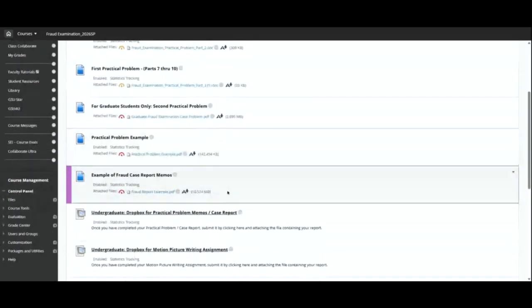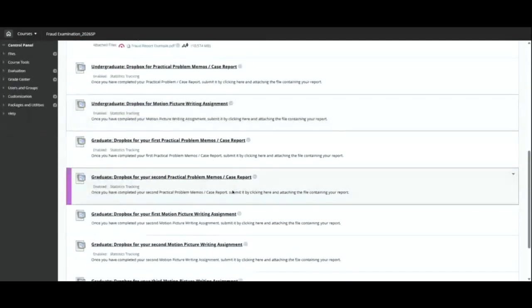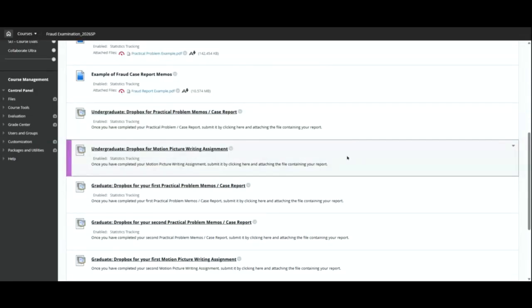We've got another thing, which was actually an example supposedly based on a true fraud case report. And when you're done with it, here are all the drop boxes. If you're an undergrad, you drop your full report in the undergrad drop box, the first one listed. And then undergrad, put your motion picture writing assignment into that second one.